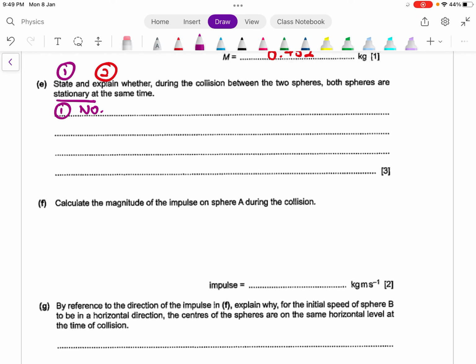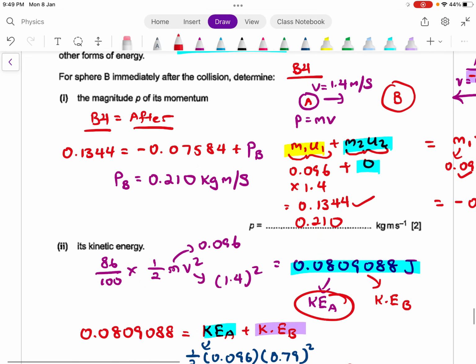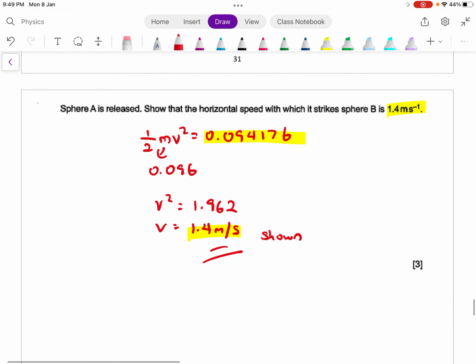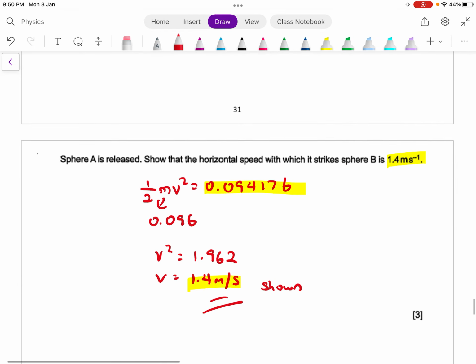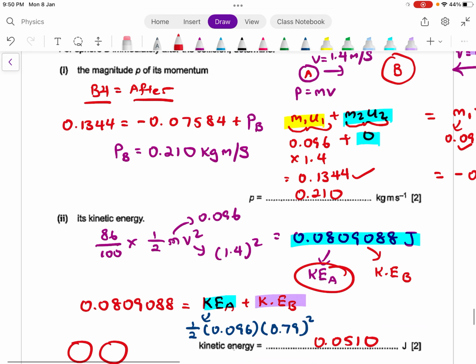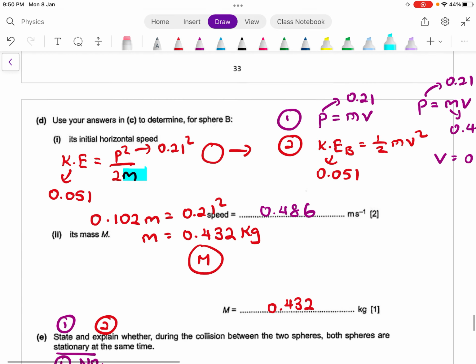Why is that? Why can't both spheres be stationary at the same time? Because the total initial momentum is equal to, let me just quote the answer first, initial momentum 0.1344.